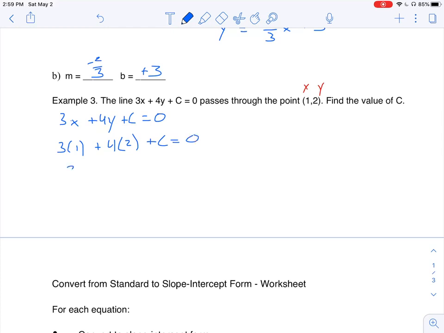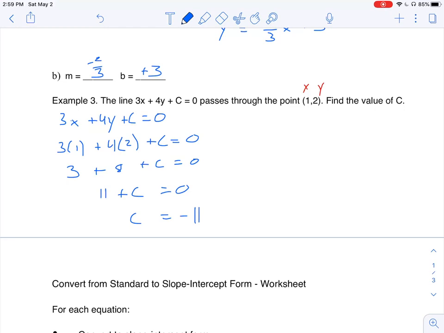So this would be 3 plus 8 plus c equals 0, which gives me 11 plus c equals 0. Again, I'm looking to isolate my c variable, so I take my positive 11 and I bring it over, it becomes a negative 11. So my c is equal to negative 11.